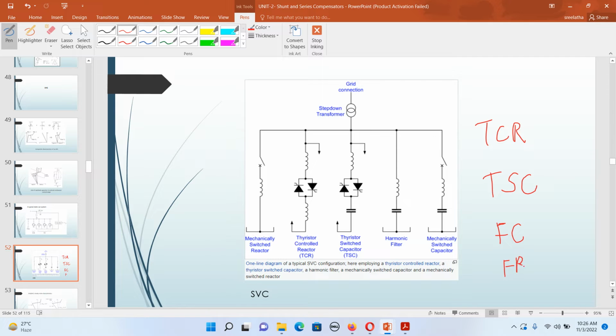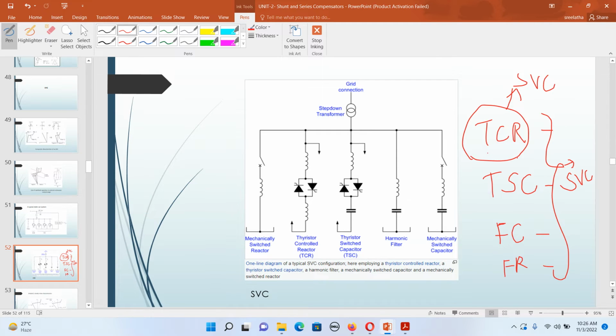And also, when you say the term SVC, it can be just one thing, or it can be a combination of all these things.